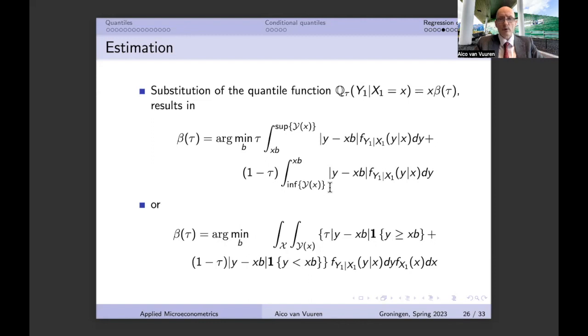If we simply do it for two x's, then of course the sum of these criterion functions should also be minimized. If we do it for many x's, then we need the integral with respect to the minimization. So if this is correct, then integrating over that criterion function should also be correct. So beta tau should also be the argument that is going to minimize this thing that we have over here.